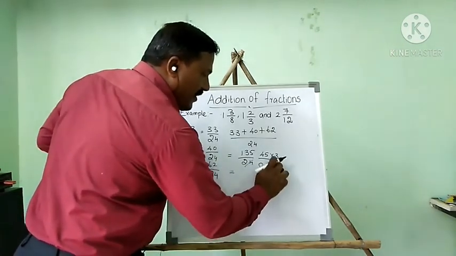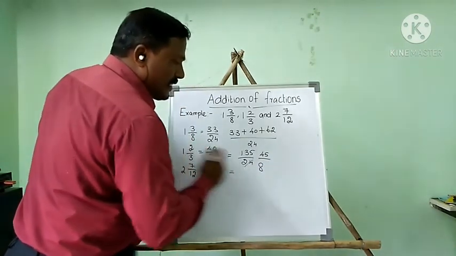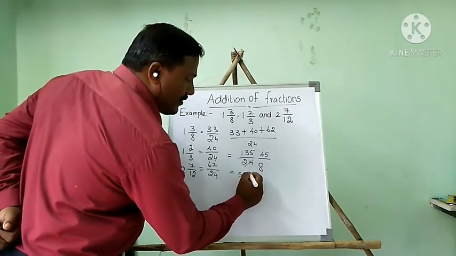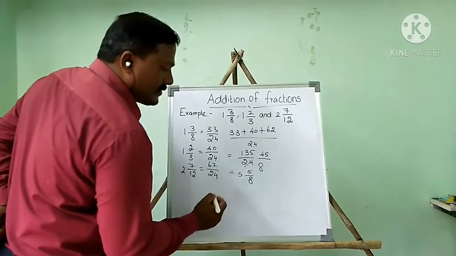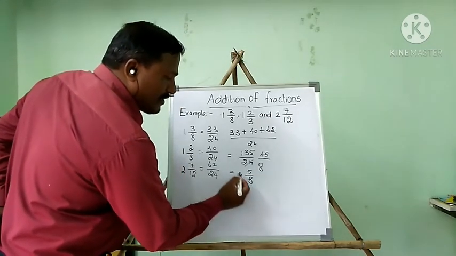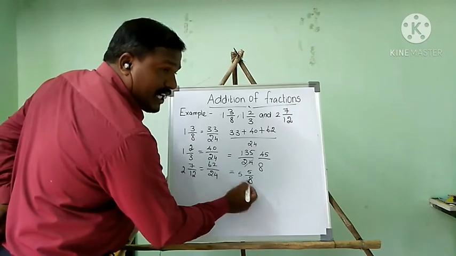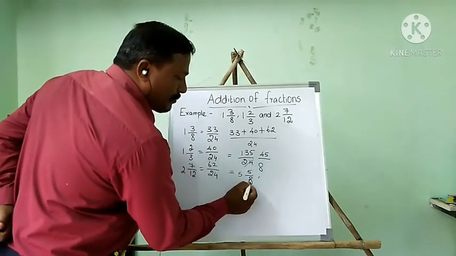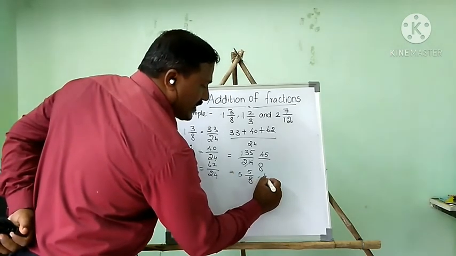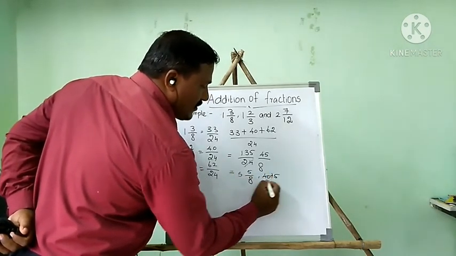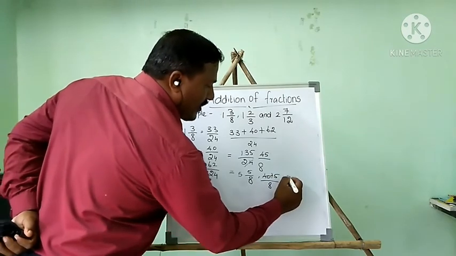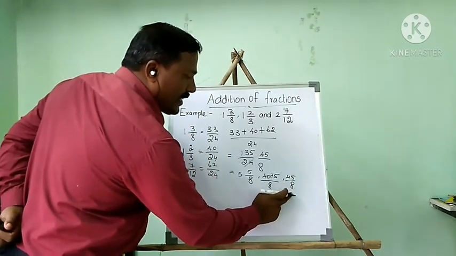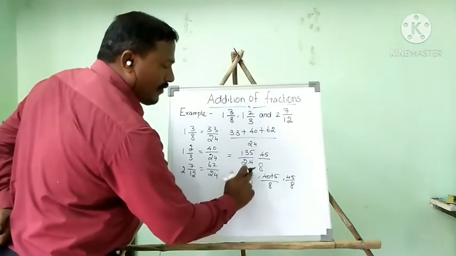So this is the way I simplify this. Now 15 by 24 simplifies again to 5 upon 8. How? Because if you cross multiply, 8 5s are 40, 40 plus 5 upon 8, so 45 upon 8. So we can write 45 by 8 like this, 5 5 by 8.